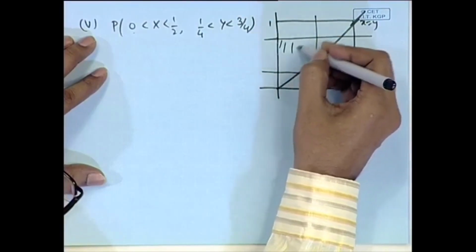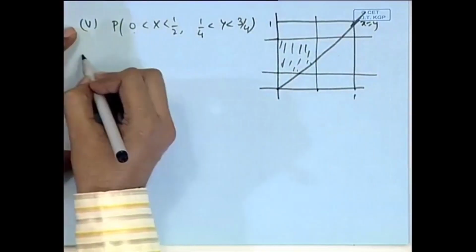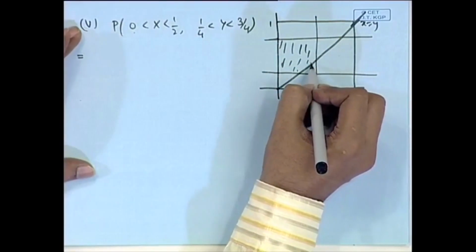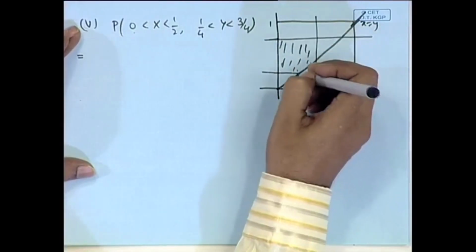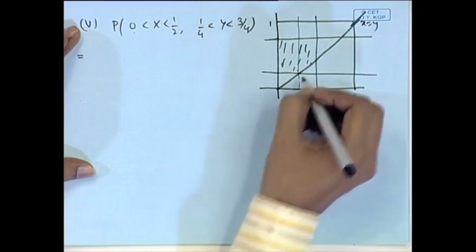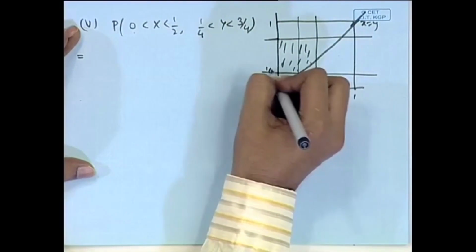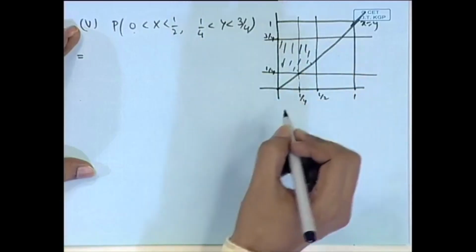So, this is the region. Now, here we will have to integrate the density into two parts. So, we may split it into this type of portion. So, this point is 1/4, this point is 1/2, this point is 1/4, this point is 3/4.